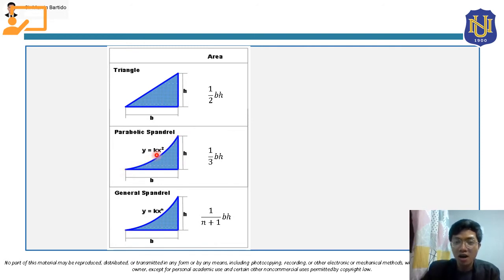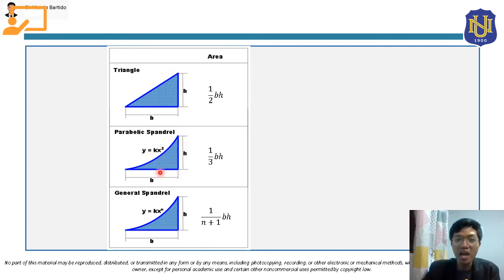This curve has an equation y = kx², so it is parabolic, or quadratic, meaning the variable x is raised to 2.